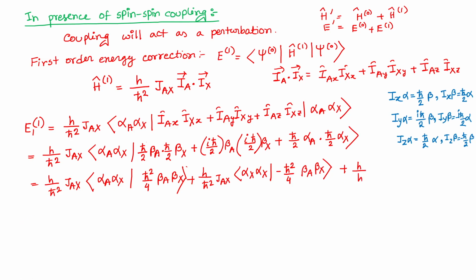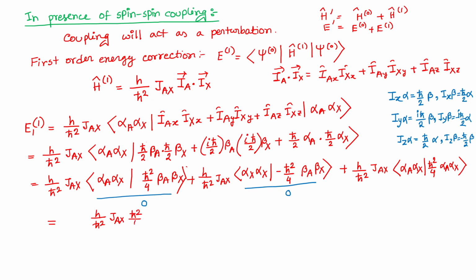That is obviously h by h cut square by 4 J_AX, alpha A alpha X. So as you can see, this is 0, this is 0, but this is 1, and that will come outside, so it will be only h by h cut square J_AX, h cut square by 4 times 1, and that is actually nothing but h J_AX by 4.